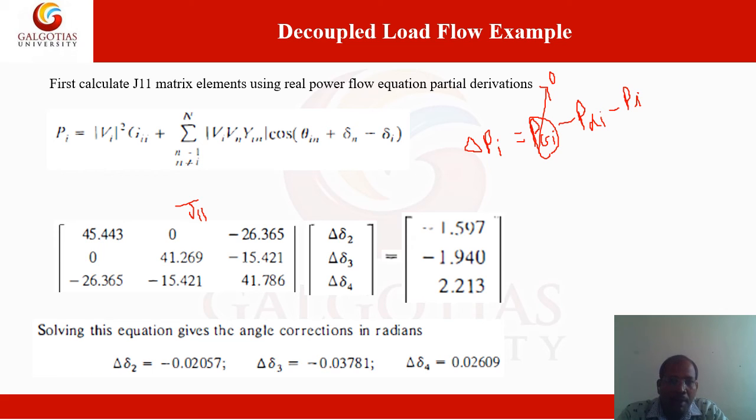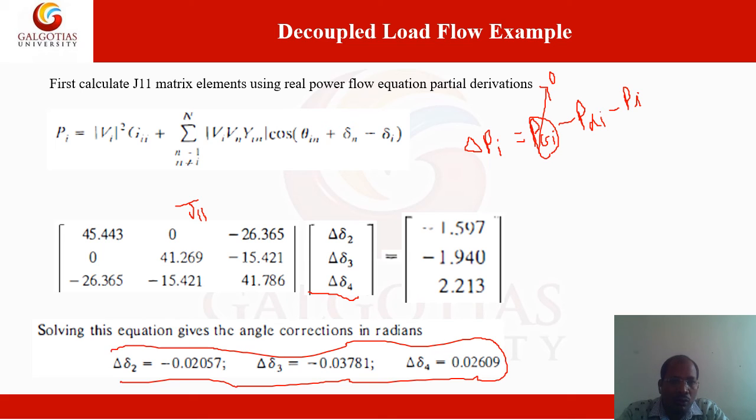Finally we calculate the voltage angle correction factors del 2, del 3, del 4 at buses 2, 3 and 4, and we get this equation. These are the equations. Then we update the values of del 2, del 3, del 4 using this correction factor.